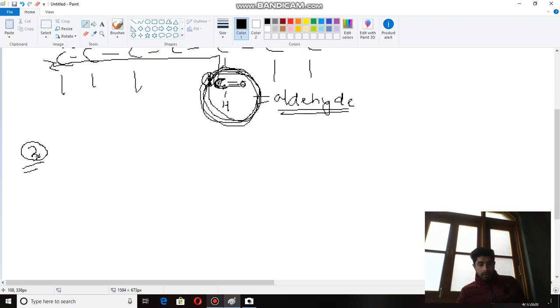Now there can be some functional groups present at both the terminals, or there may be some principal functional groups and secondary prefixes present in a same compound. For example, like this. If I am having a compound like this, let's make it like this, and here we have CH3.